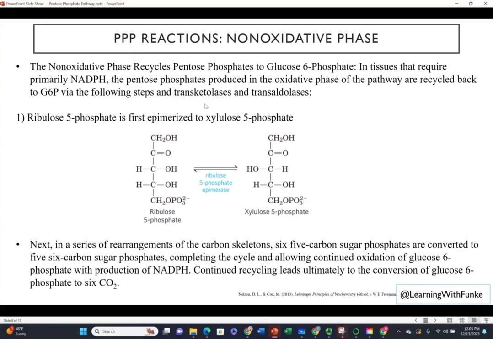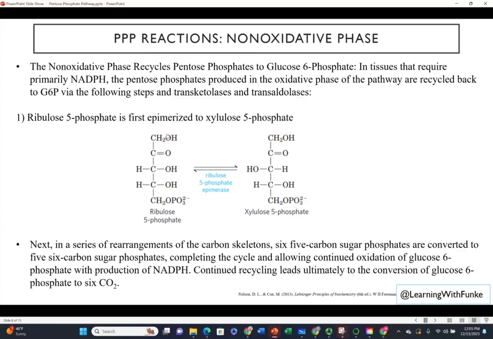And so what we'll see is that in tissues that usually require NADPH, the pentose phosphates produced in the oxidative phase of the pathway are typically recycled back to G6P via steps catalyzed by transketolase and transaldolase.